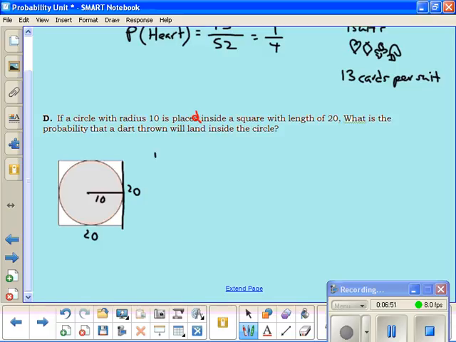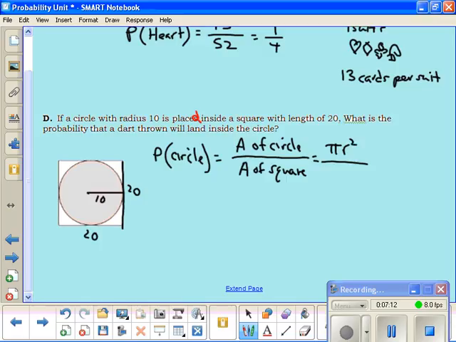So we have to find the probability of it being in the circle. That's the area of the circle divided by the area of the square. So the area of the circle, if you remember, area of a circle is pi r squared.